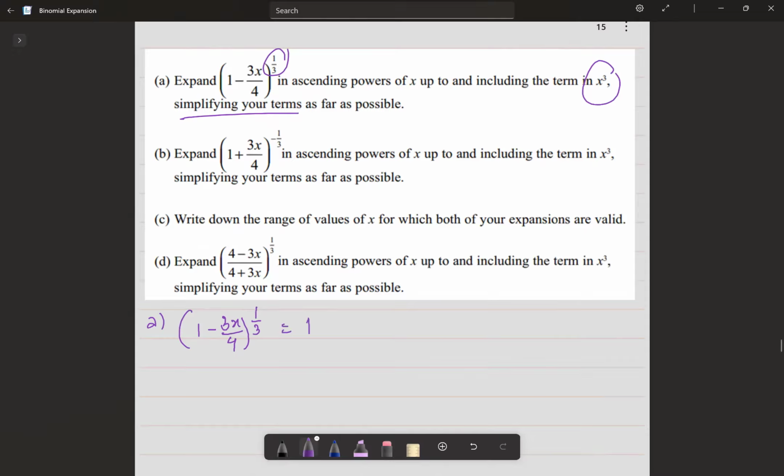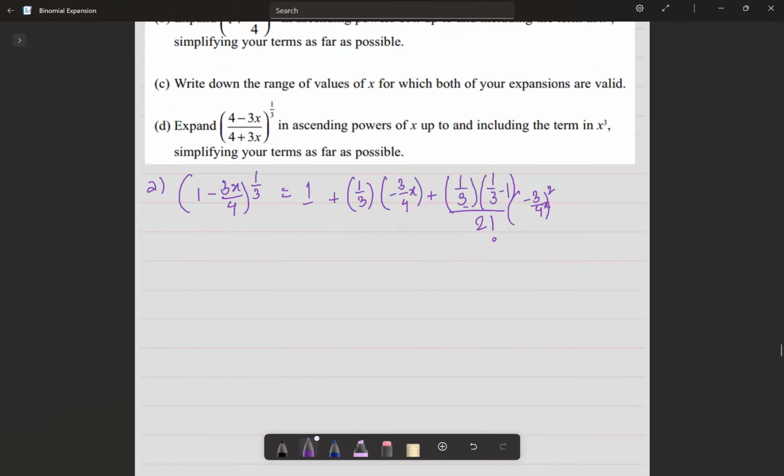So we will have 1 plus nx, where this is our n, and this is the ax part where we have a minus in here as well. Then we will have n(n minus 1) divided by 2 factorial into (minus 3 by 4 x) squared.